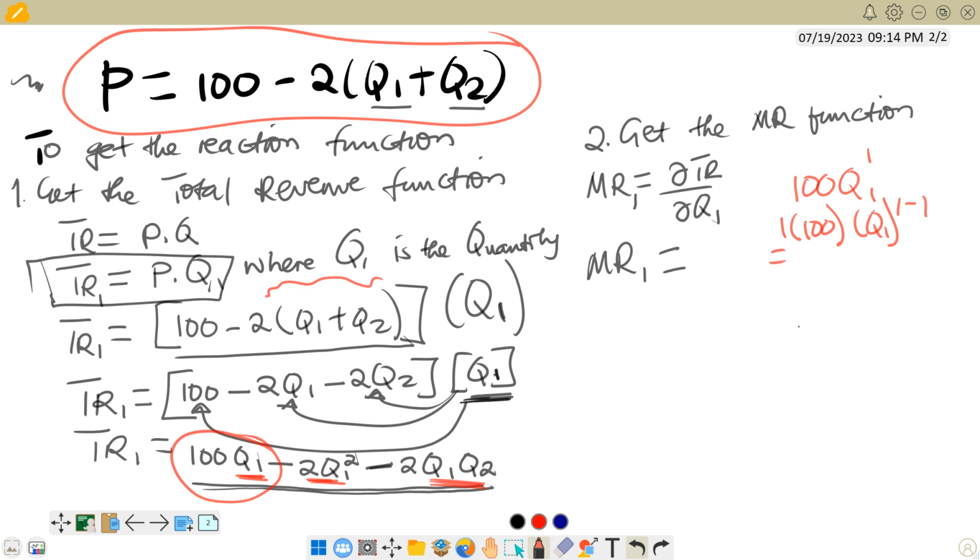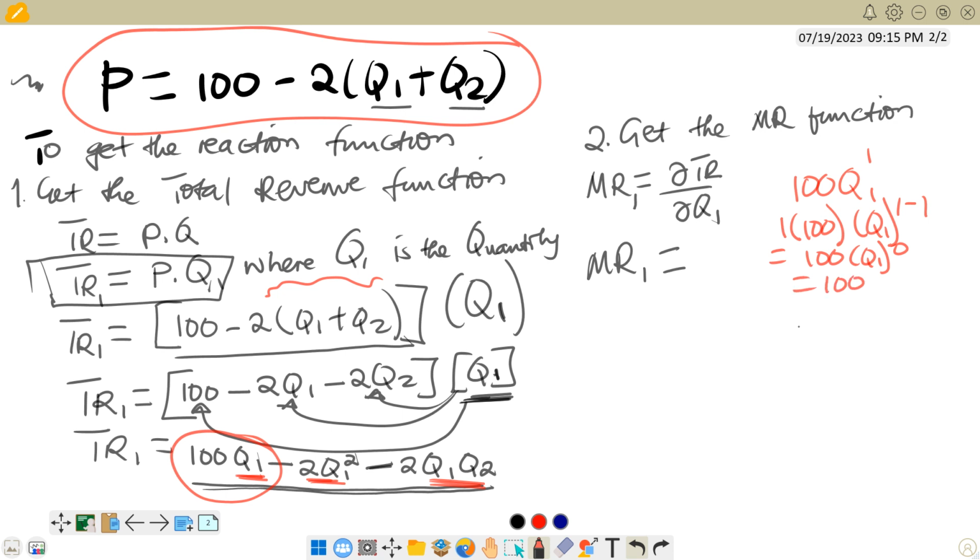So this will be 1 times 100 multiplied by Q1, and this Q1 is now raised to the power 0, because 1 minus 1 is 0. Anything raised to the power 0 is a 1. So therefore this will just be 100.